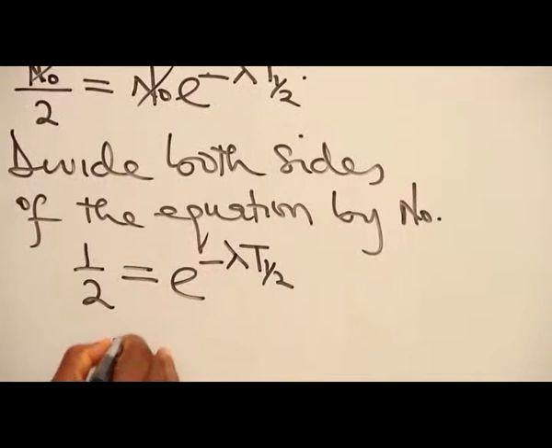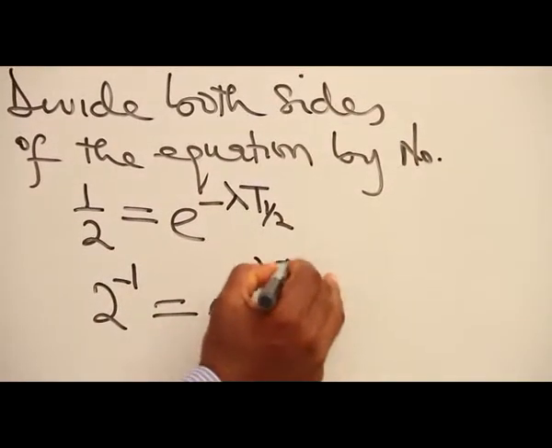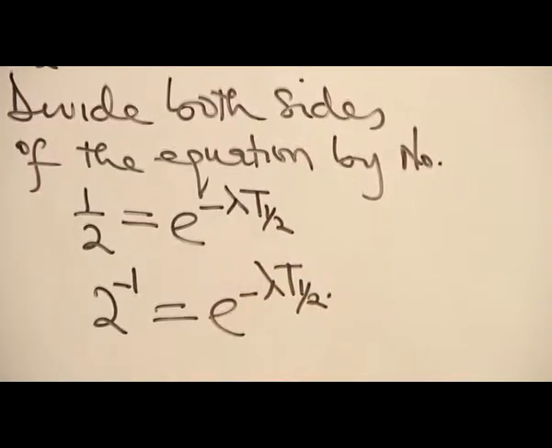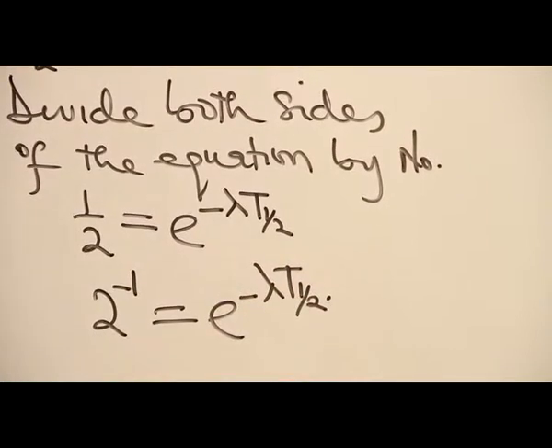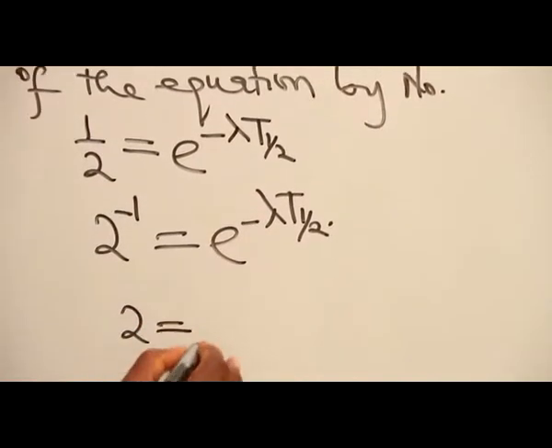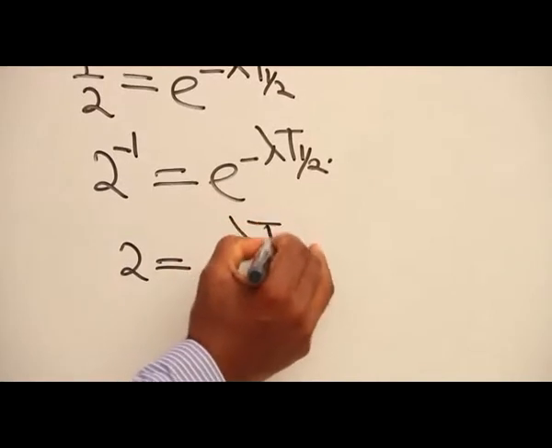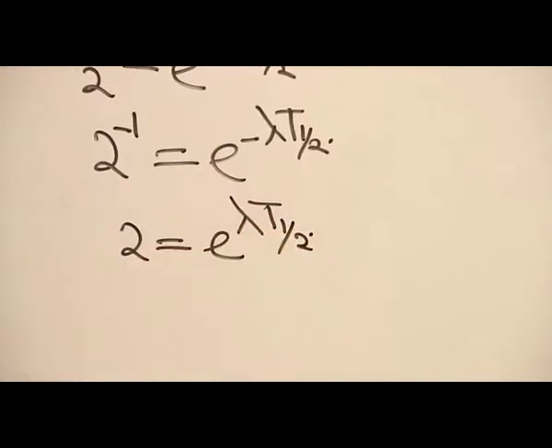I can write it as 2 is equal to exponential product of decay constant and half-life.